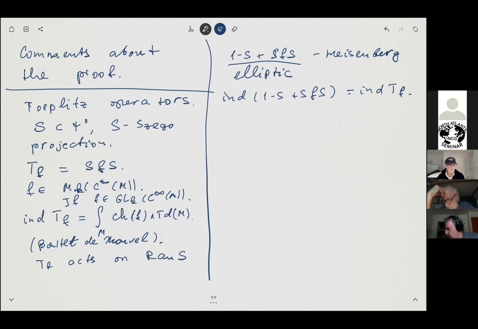Okay. So one needs to verify that we get the correct answer if we apply our formula to this case.